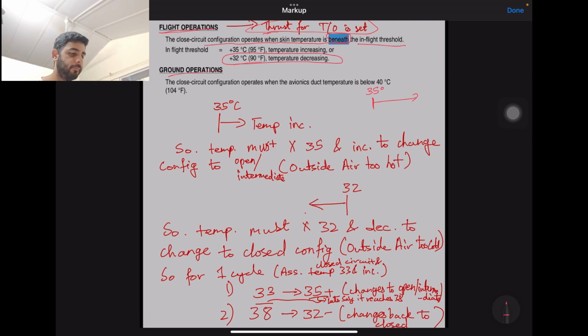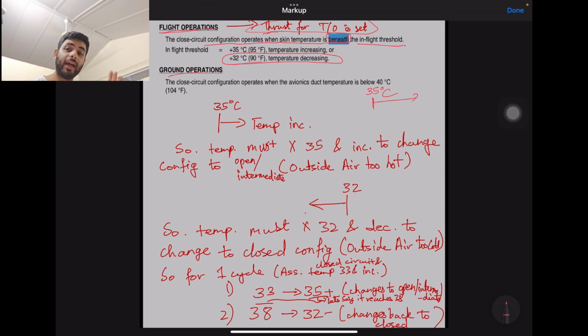It doesn't want to keep operating that flap, close, open, close, open. So what it does is it keeps in its mind that if the temperature is 35 degrees Celsius and increasing, I will open that flap. So at 35 degrees Celsius and increasing, it opens that flap and goes into intermediate configuration.